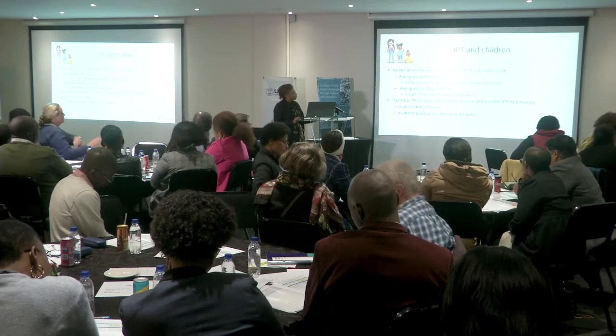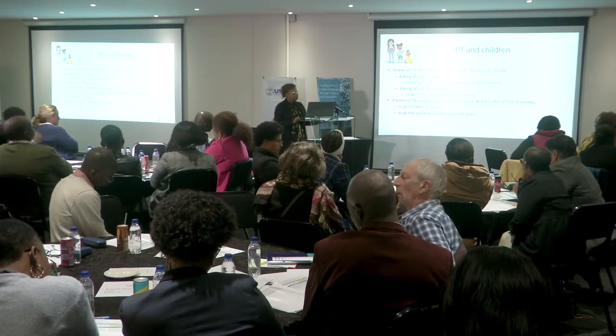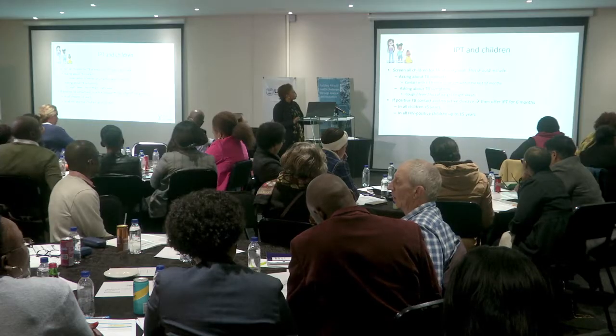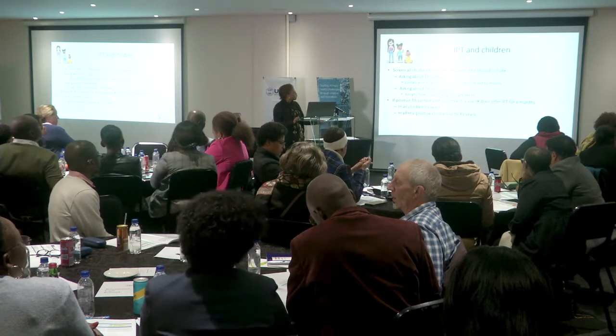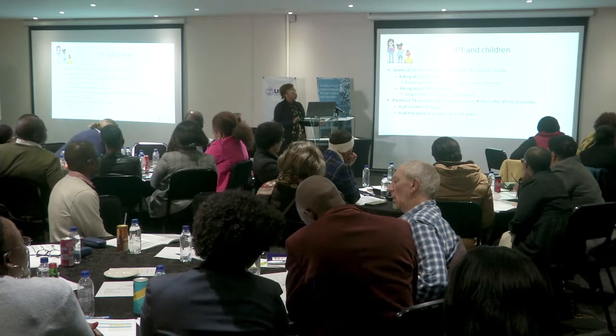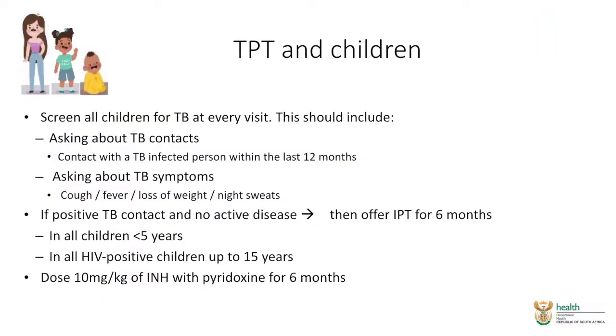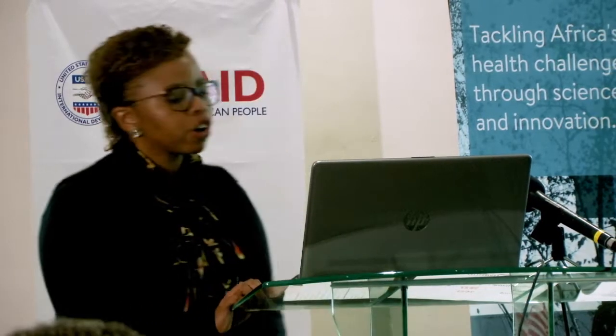And if positive and there's no active disease, then you offer IPT for 6 months if there's a TB contact that this client has got. In all children less than 5, and all HIV positive children up to 15, this is the guideline we'd use. The dose in children is 10 milligrams per kg with pyridoxine for 6 months as well.